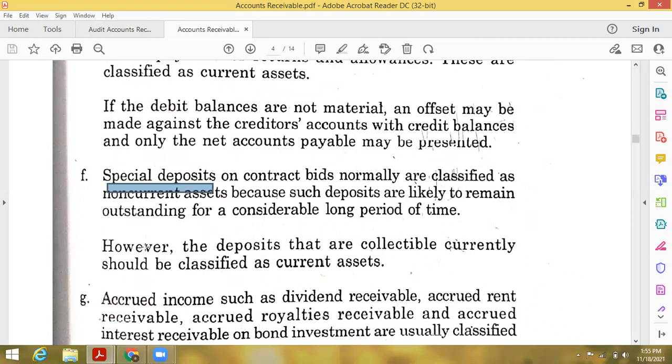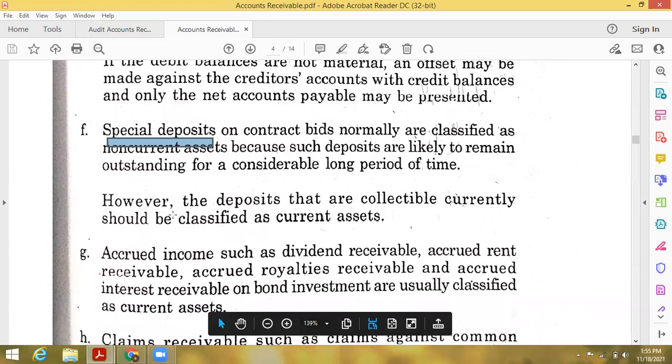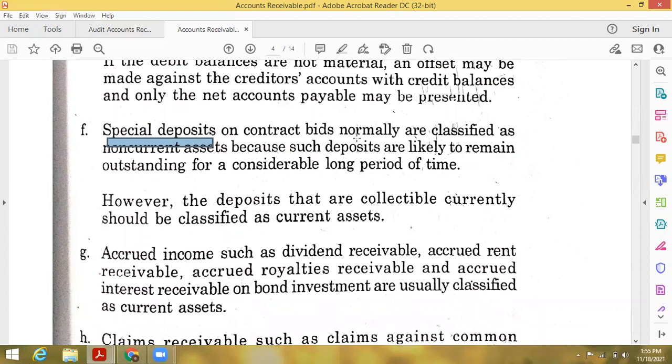For special deposit on contract, when we make a deposit, it's like an advance payment for the contract we will undertake. It can be classified as non-current because such deposits are likely to remain outstanding for a considerable long period, especially for contract needs.